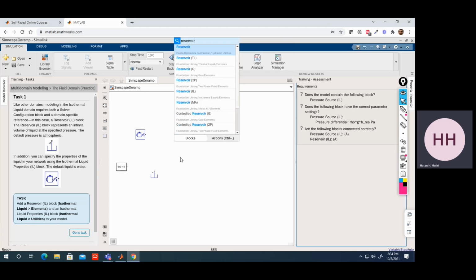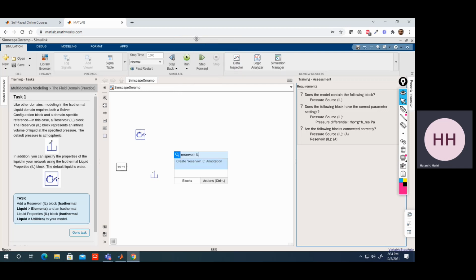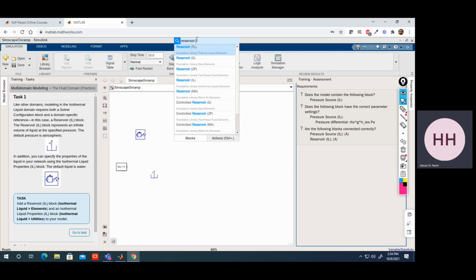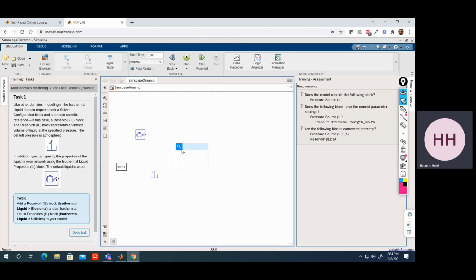reservoir IL. Let's drag a bit down. This is the reservoir IL. I think you saw it, right?